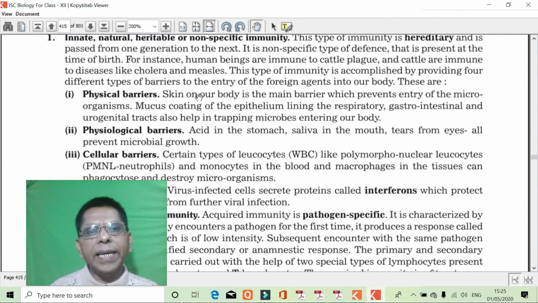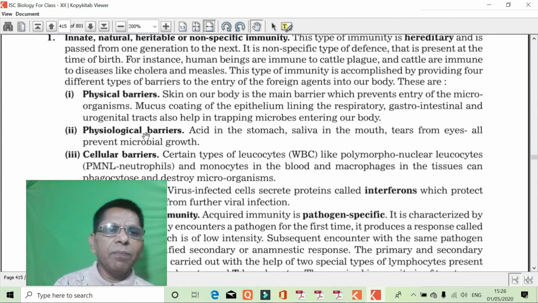Skin on our body is the main barrier which prevents entry of microorganisms. Mucous coating of the epithelium lining the respiratory, gastrointestinal and urogenital tracts also helps in trapping microbes entering our body. We have already studied every detail. It was already told to you all. Then the physiological barriers: acid in the stomach, saliva in the mouth and tears from the eyes all prevent microbial growth.